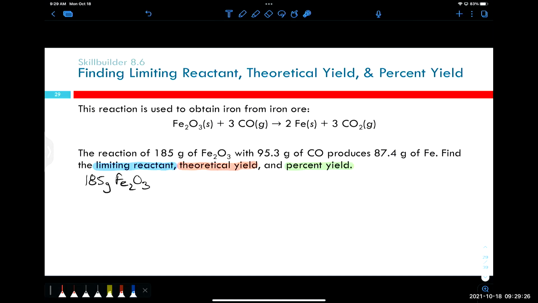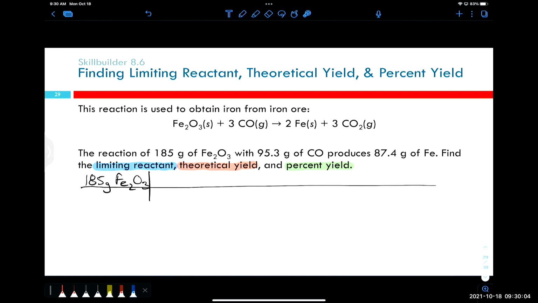And actually here, this is important too. We're going to be using the iron oxide and carbon monoxide and calculating the limiting reactant and theoretical yield between those two, because those are our two reactants. A limiting reactant has to be one of the reactants. Let me ask this question as well.